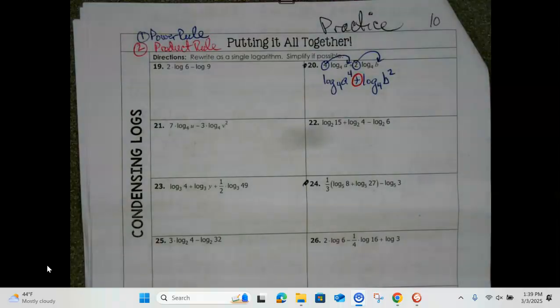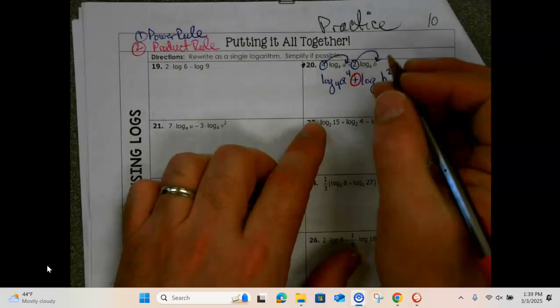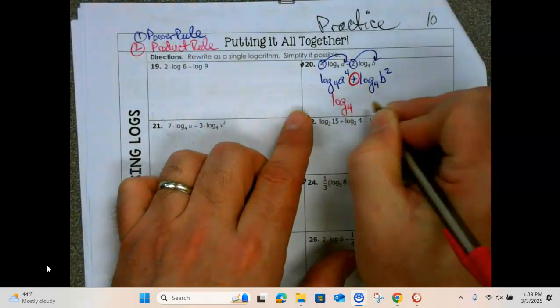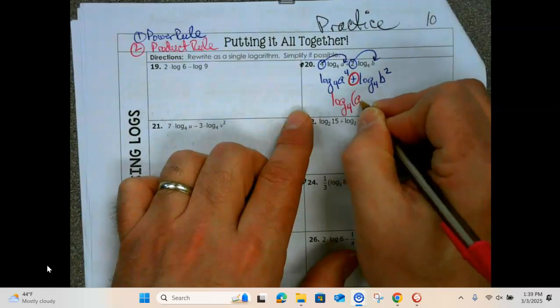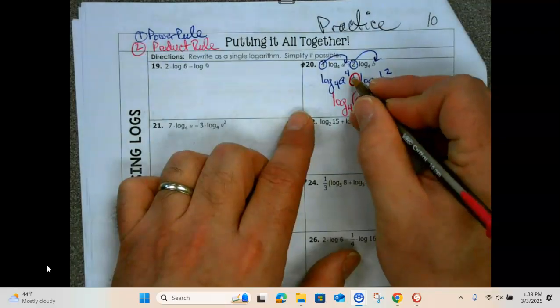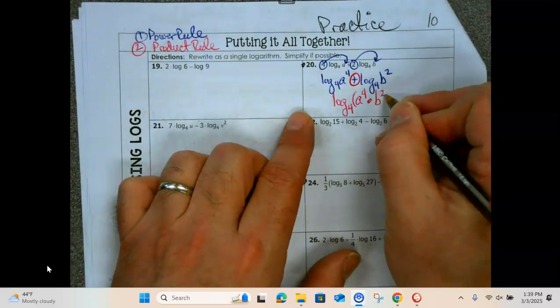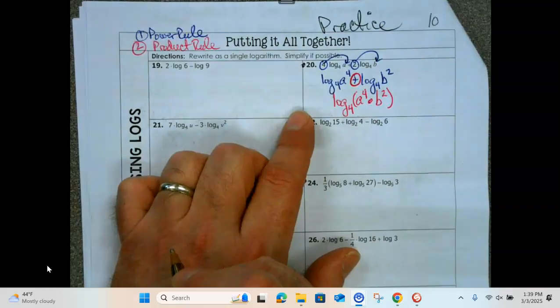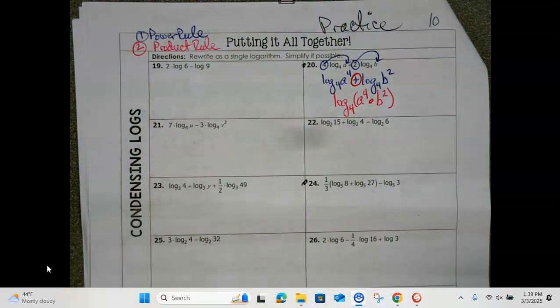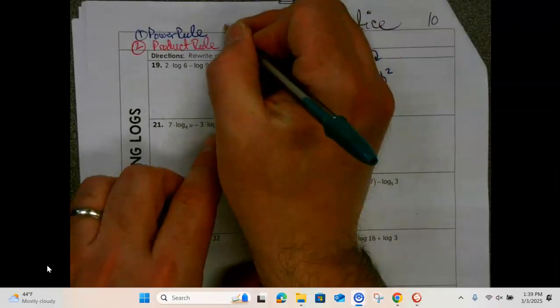So now we get to start actually condensing and smashing this. So we've got log of 4, a to the 4th, the add becomes multiply, b squared. Now, if at this point I did have subtract or divide, that would be what I finished off last.